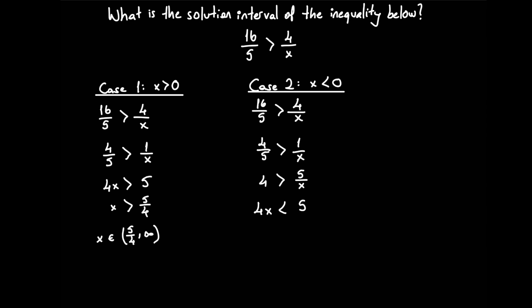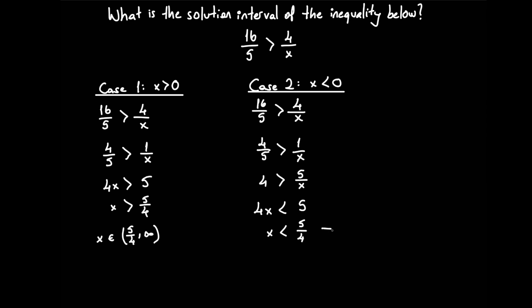And when we multiply or divide both sides of our inequality by a negative number, the inequality symbol changes to its opposite. Here x is negative, so the inequality symbol changed from greater than to lower than. So I am continuing from here. 4x is lower than 5. I will divide both sides by 4 now, and I will get x lower than 5 over 4.